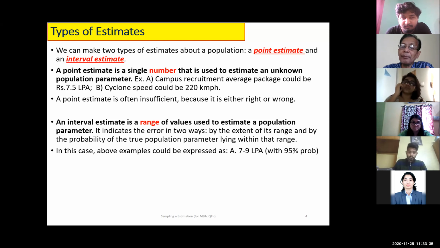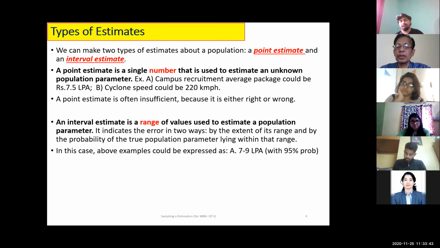Only in 5 cases your prediction may not come true. Got my point? Like the Bihar election prediction. I think you all must have read the news item. For the first time, the predictions went wrong very grossly in the Bihar election. So sometimes it happens.